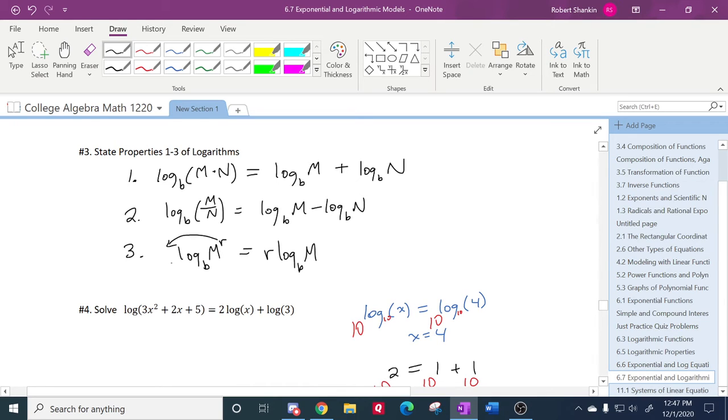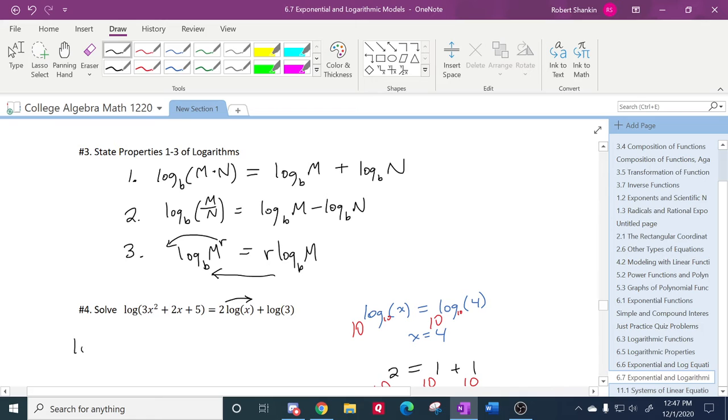But I can use property 3. I can use property 3 in this direction. The number out front can go up as the exponent.